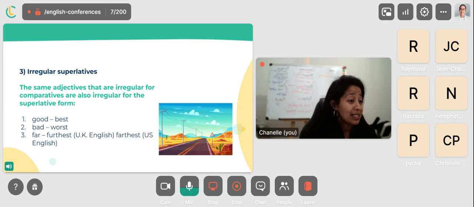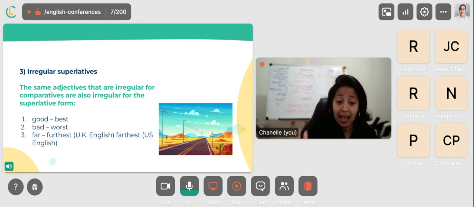And there are always our irregular superlatives. Our irregular superlatives, they are the same adjectives that are irregular for comparatives, which are also irregular for the superlative forms. So for example, we had good, which was our adjective. It became better for our comparative, and it becomes best for the superlative.